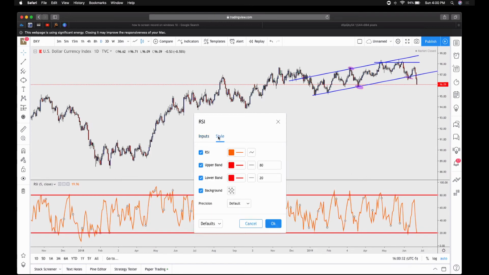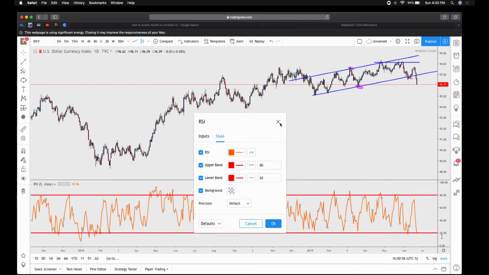And then I have the upper band at 80 and the lower band at 20. Everybody copy? Yeah.